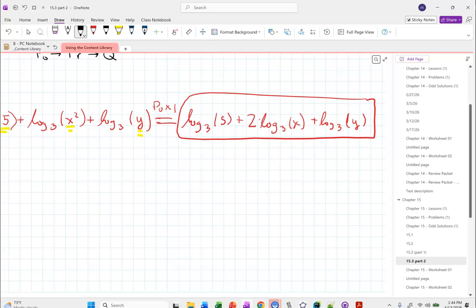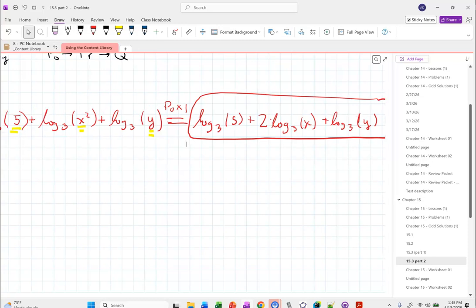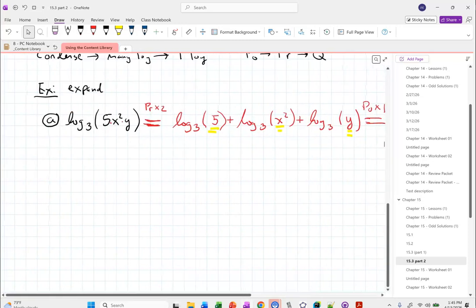We use those 3 properties to break it apart. You did that because there was multiplication inside the logarithm, and then there was a power attached to one of the multiplication pieces. Okay? We'll do some more examples of this. And if there were multiple powers, you'd have to change every power. Yep. We're going to do some more examples.